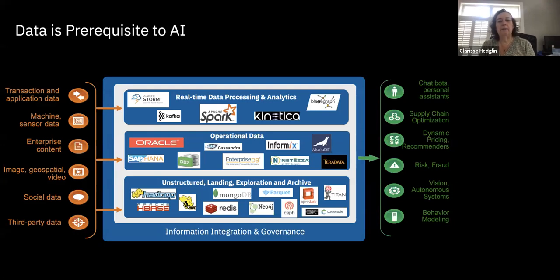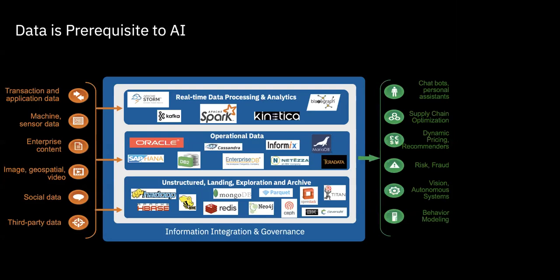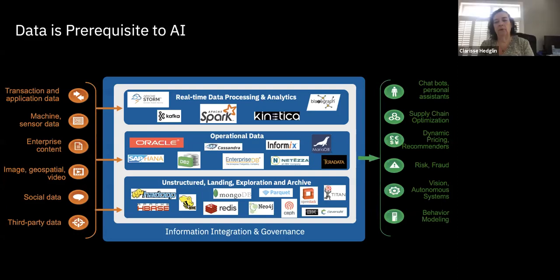And you can see from the types of data that you have, whether it's real-time data that's coming through your databases or your streaming information, whether it's operational data or unstructured data, there are many, many options for how you're managing that data and how you're governing it. From there, you're going to go through all the different examples on the right-hand side in terms of use cases.